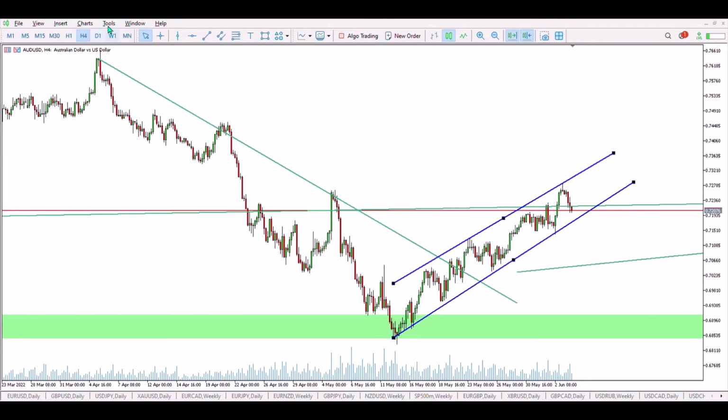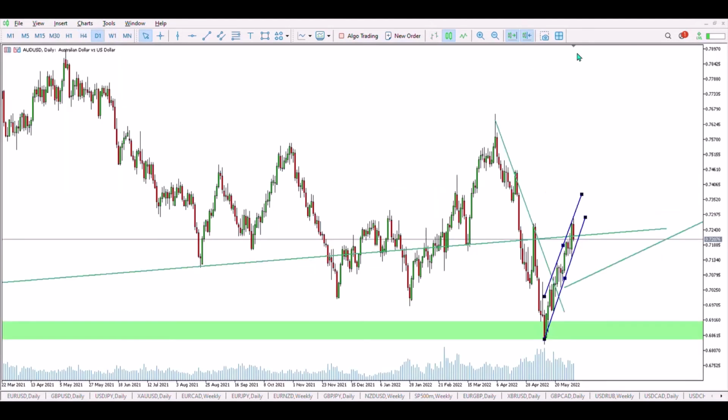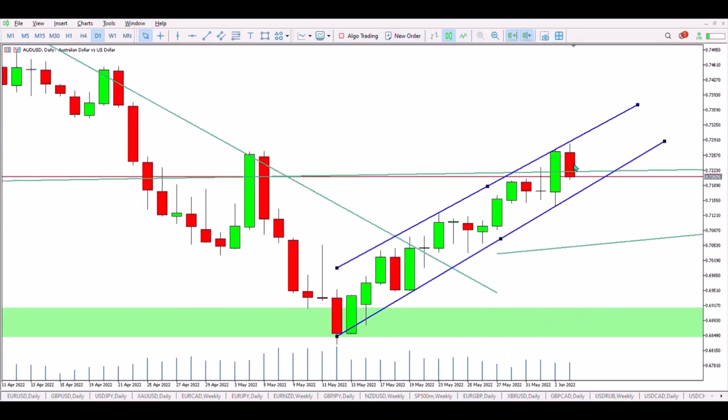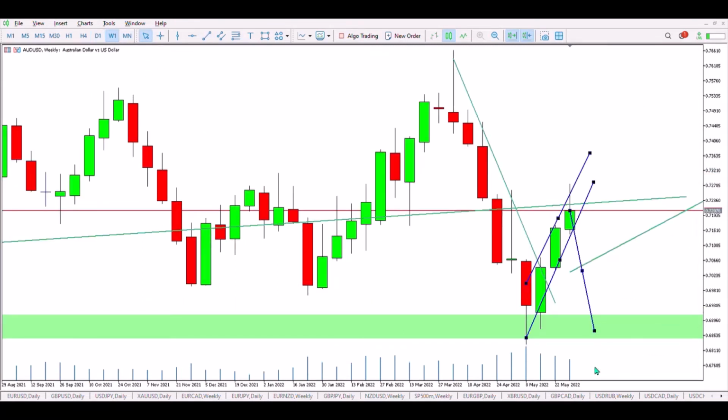Now let's go back to the daily and see the bigger picture. Then we will go to weekly and monthly. Currently it's interesting on daily because on one hand we have one rejection candle, which if we continue to the downside we may break this channel and go with the weekly trend, which is still bearish.